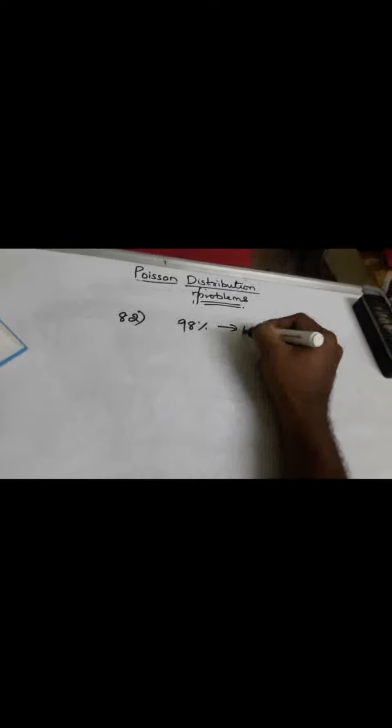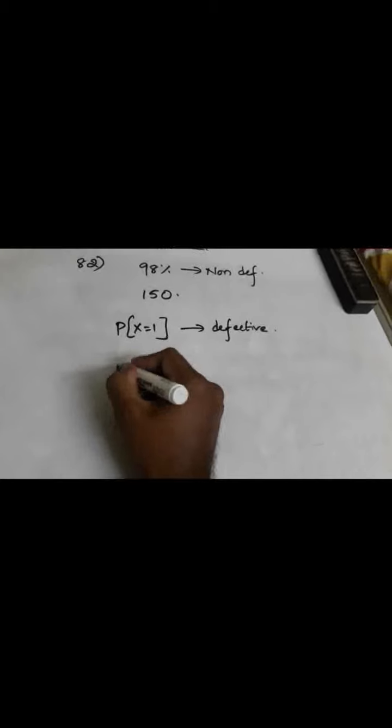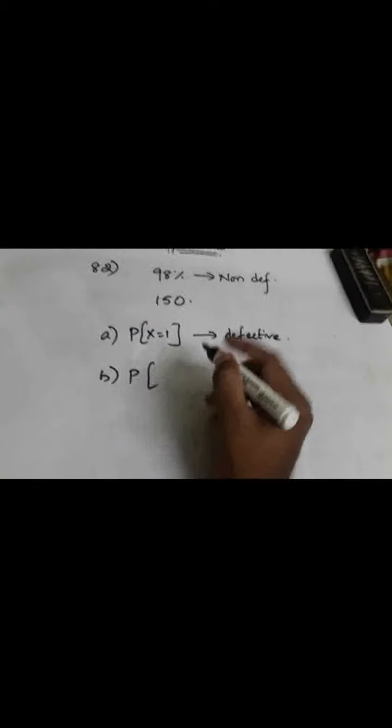If 98% of electric bulbs manufactured by a company are known to be non-defective, what is the probability that in a sample of 150 electric bulbs, question number 1, exactly 1 is defective, and question number 2, more than 2 are defective.